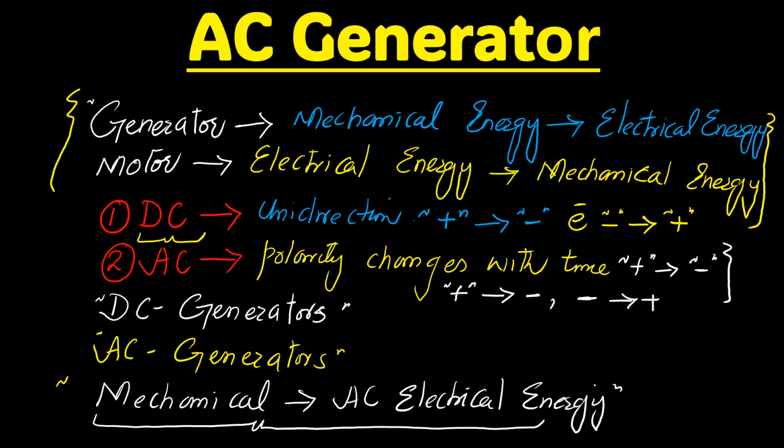Now let us discuss the construction of the alternating current generator. What are the essential components of an alternating current generator, and how can we generate an alternating current from it? This AC generator consists of four basic components.